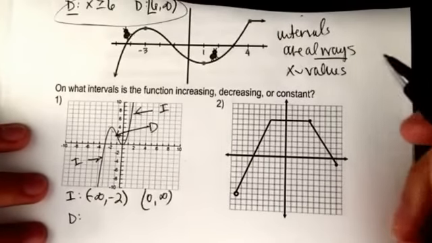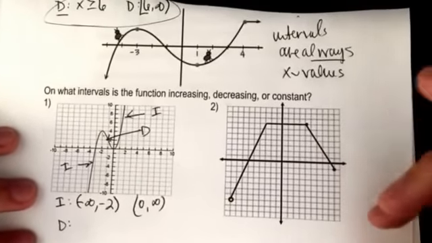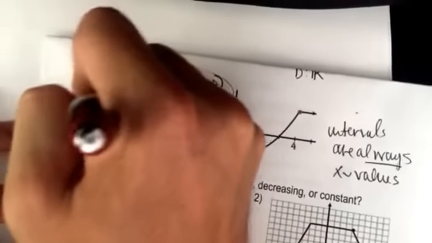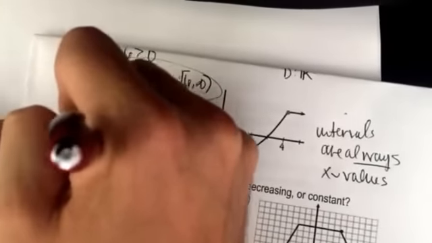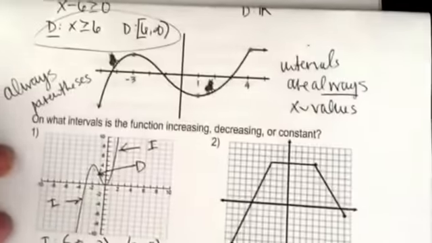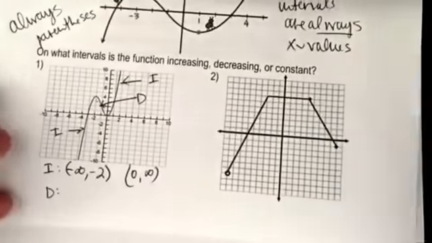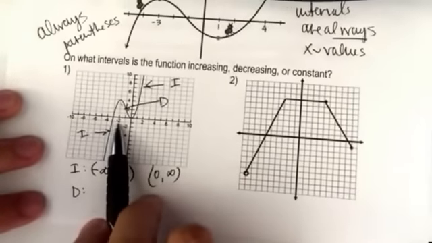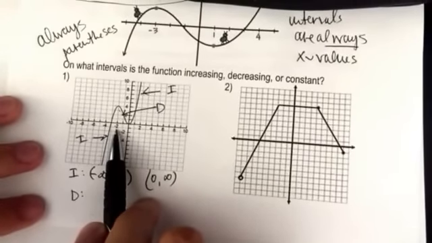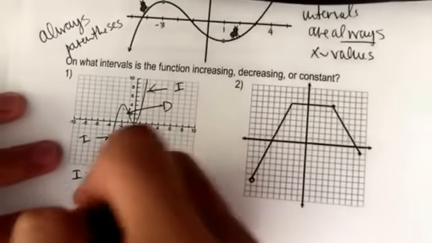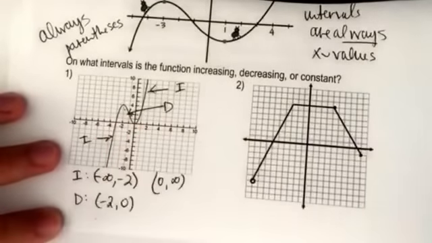You'll always use x values, and you'll always use open parentheses with increase and decrease. So you might want to make note of that. Always x values, always parentheses. The decrease interval, we start decreasing at an x value of negative 2, and we stop decreasing at an x value of 0. So from negative 2 to 0.